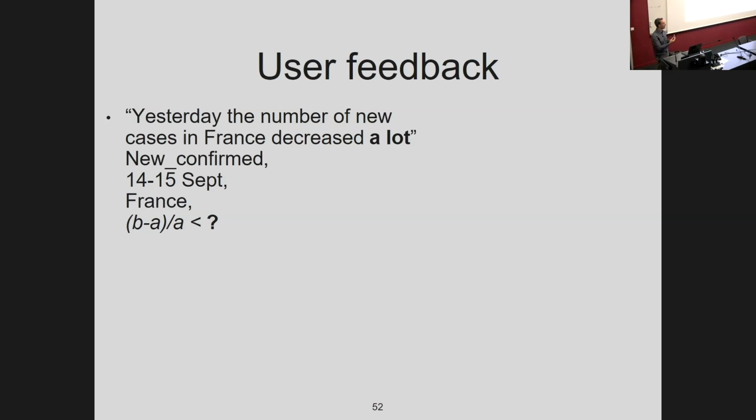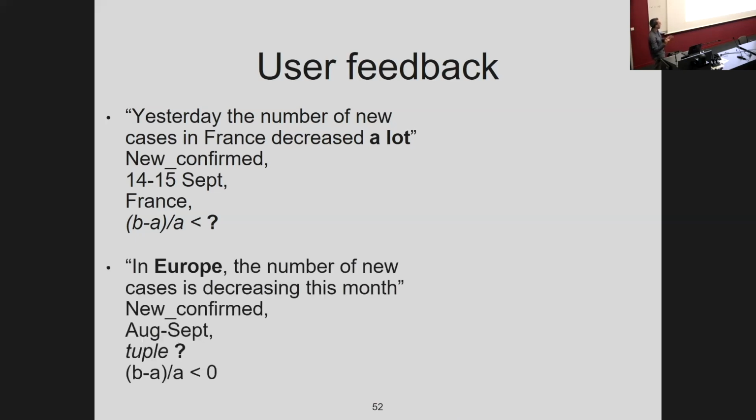So there is no magic meaning that I can give to "a lot". When you go to some other kind of data, "the temperature increased a lot in Italy in the last 10 years" is different from "the number of cases increased a lot", right? So it is really domain specific.